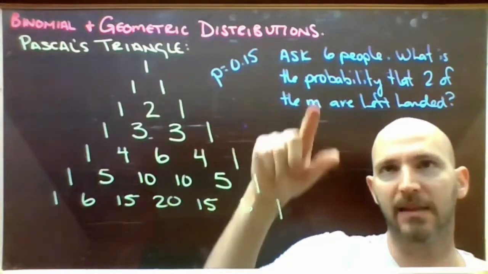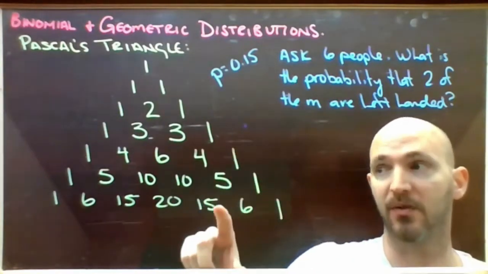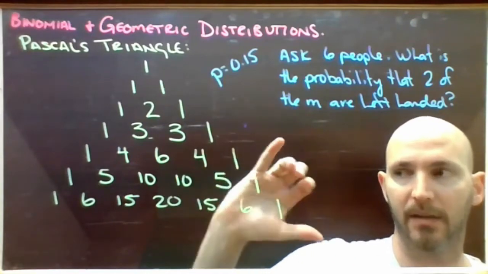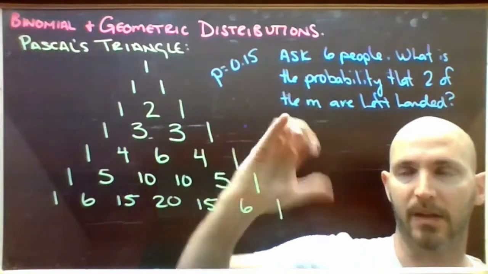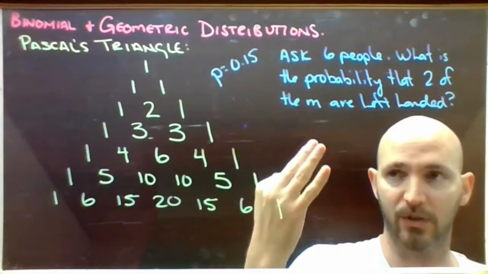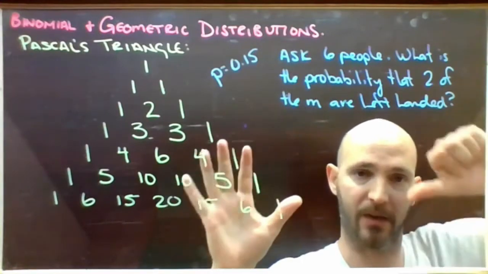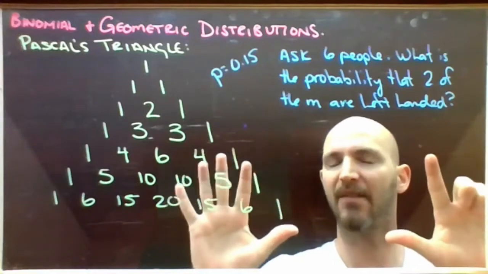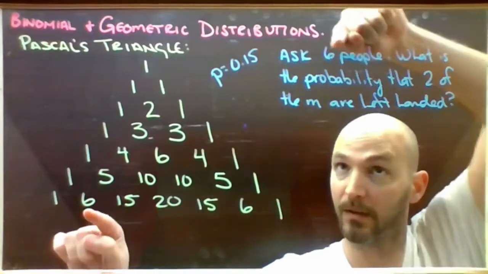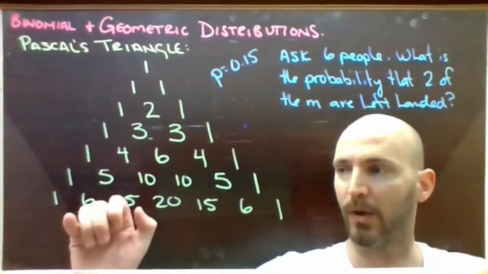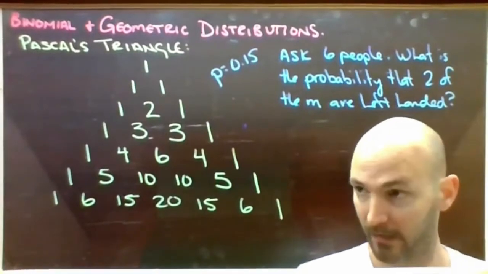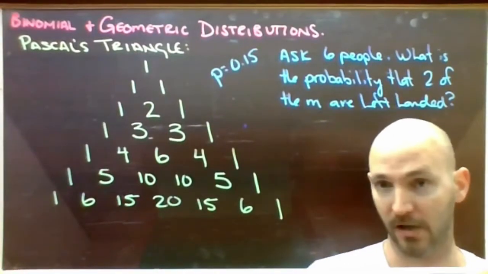So if I were to make this chart for the distribution, I would need, well, none of them are left-handed, 1 is left-handed, 2 is left-handed, 3, 4, 5, or all 6 are left-handed. That's 7 rows. Did you notice that this row with the 6 in it has 1, 2, 3, 4, 5, 6, 7 entries? It's perfect.